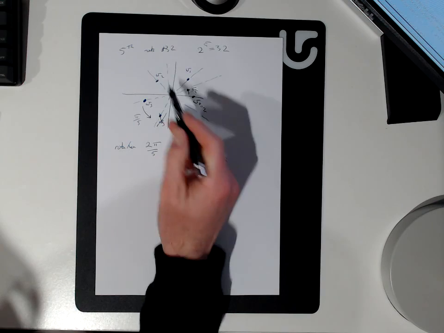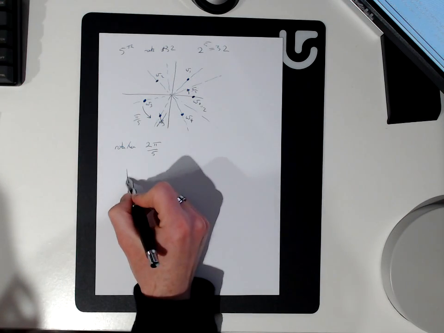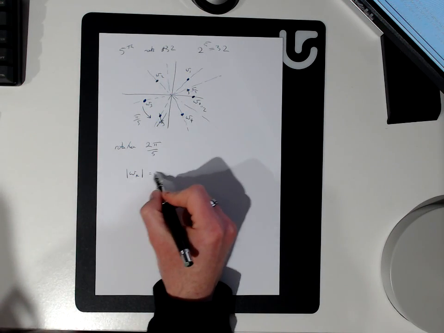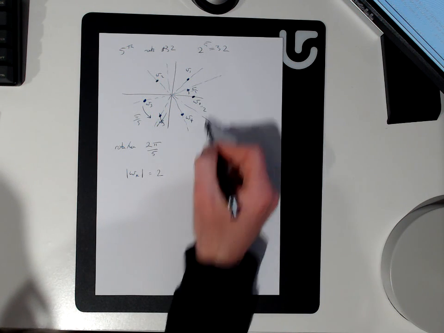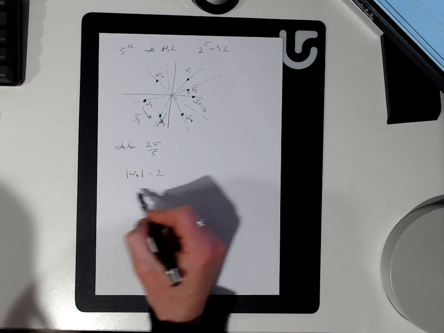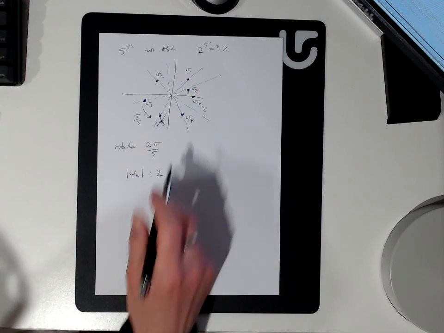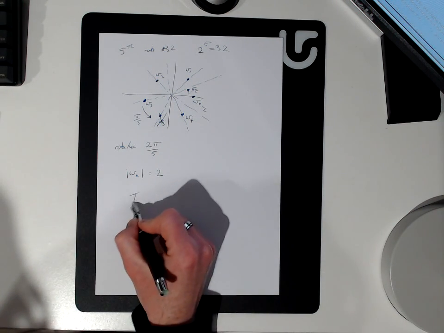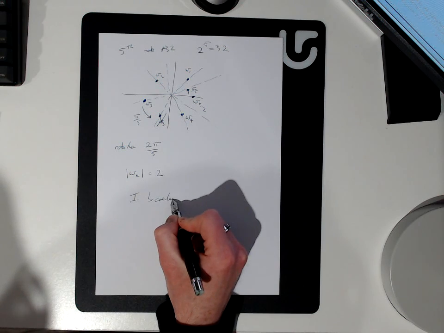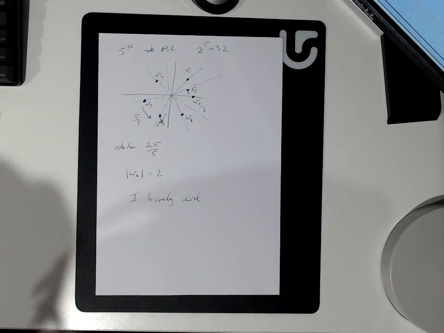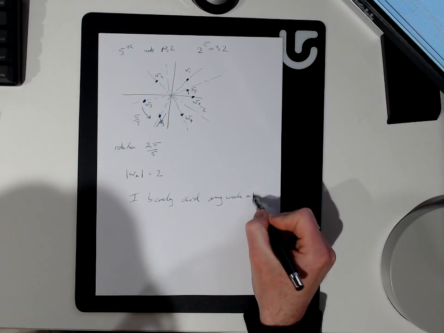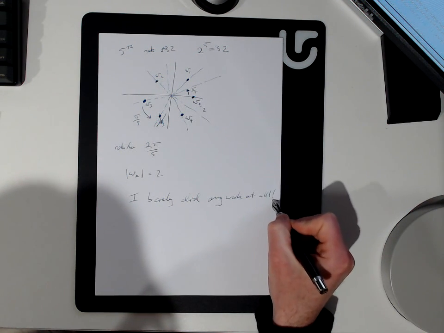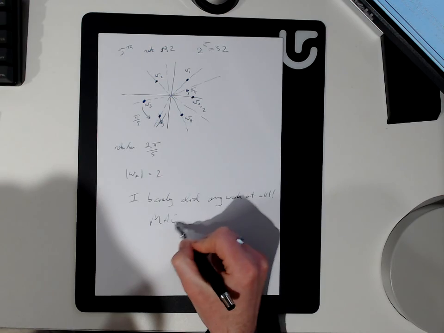So 5 points. They all have modulus 2, because we know that is 2, and we all know the angles that they have to make. So I barely did any work at all. Magic.